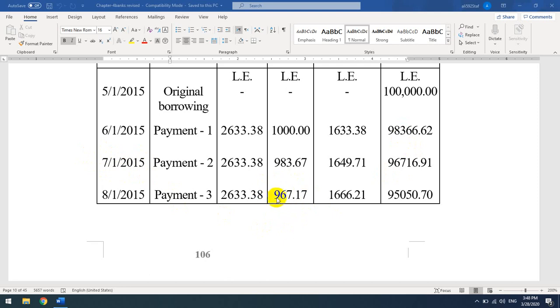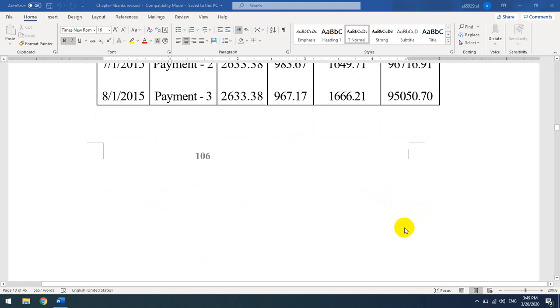Interest will equal 967.17. If the interest equals this amount, the remaining amount represents a reduction of the principal, to reach the balance of the mortgage loan by the end of July and the first day of August, which will be 95,050.7, and so on.